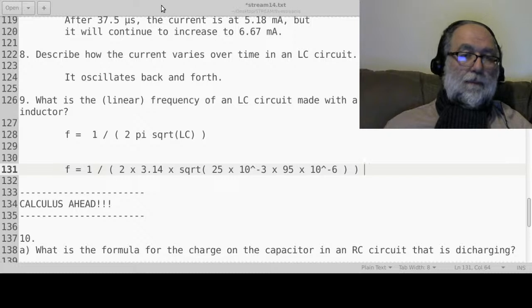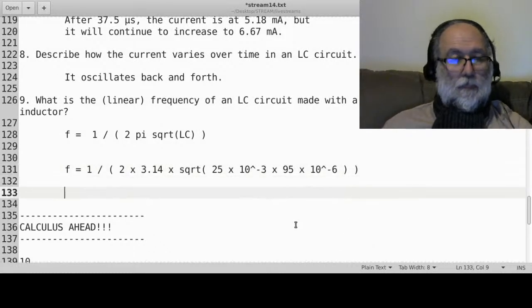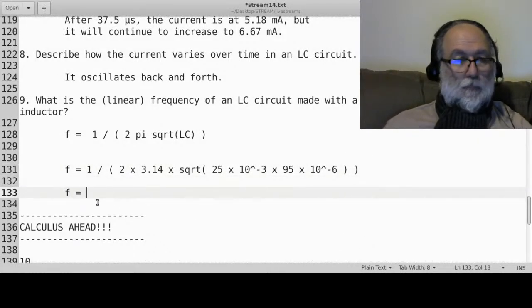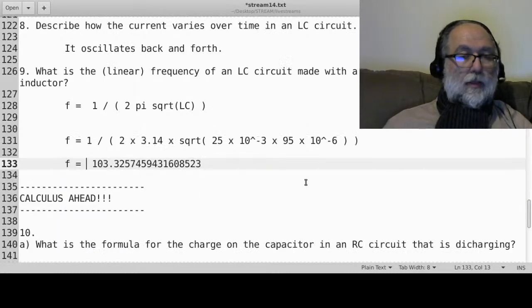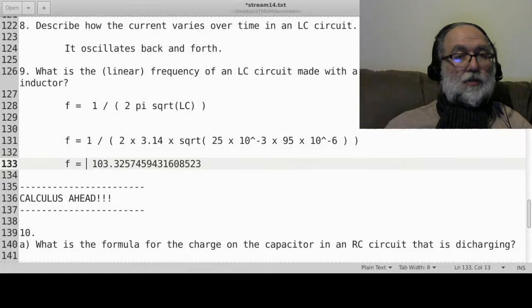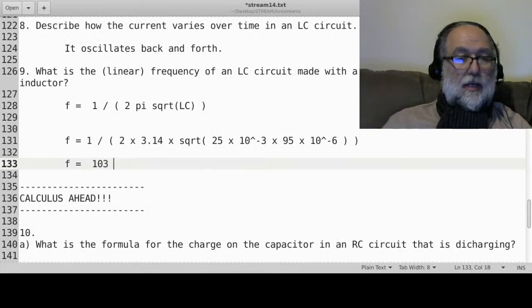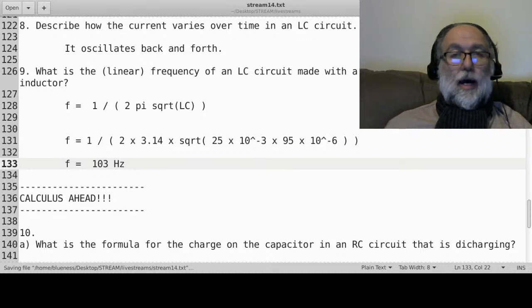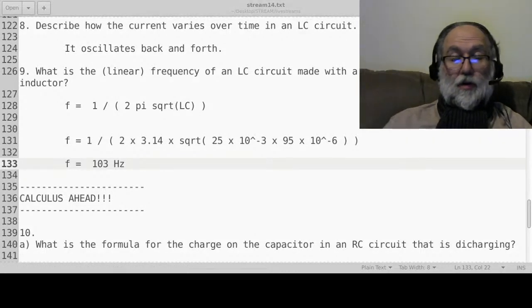There we go. So 103 and then some decimals, so rounding off to just 3 significant figures like this. Hertz. Okay, there you go. So the frequency would be 103 hertz.